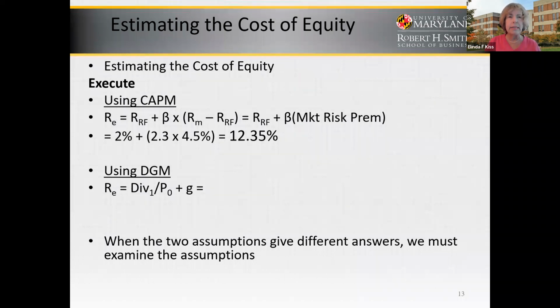Now let's use the dividend growth model. The cost of equity for the dividend growth model is the dividend to be paid in 1 year divided by the current stock price, D1 divided by P0, or the dividend yield, plus the capital gains yield, which for a constant growth stock is the growth rate of dividends and the growth rate of stock price, or g.